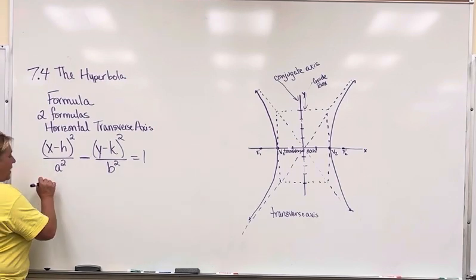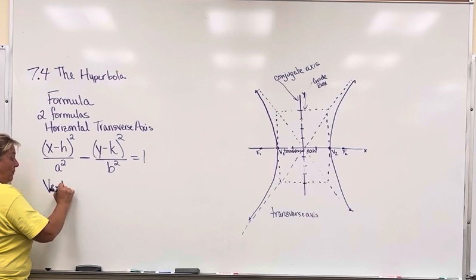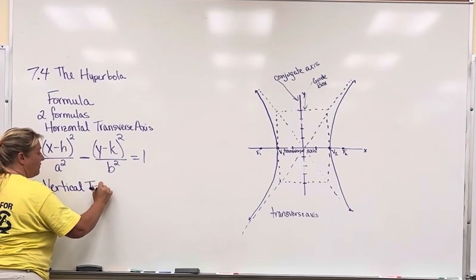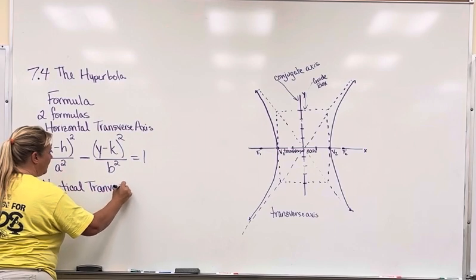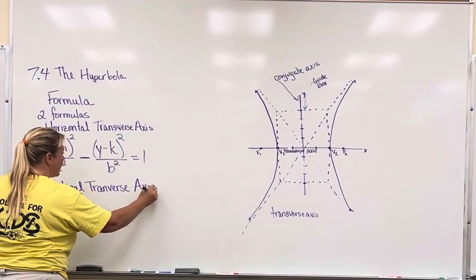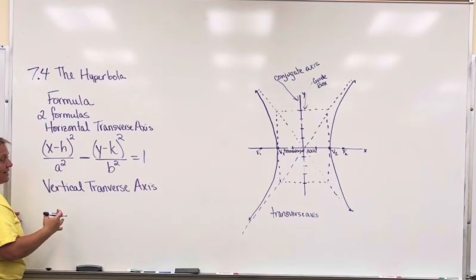But if we had a vertical hyperbola or a vertical transverse axis, then the formula is still going to look very similar, but it's definitely different. And so now you have something more you have to pay attention to.